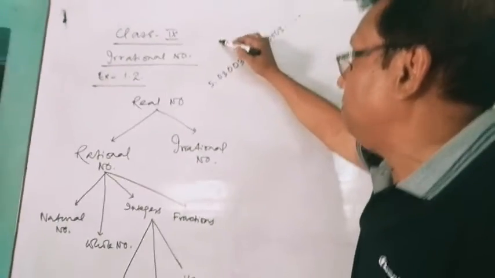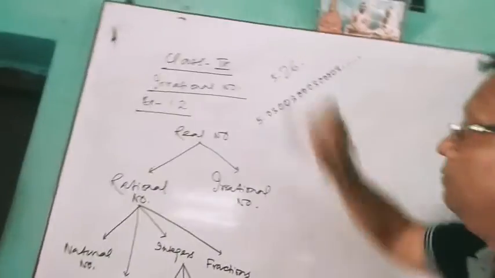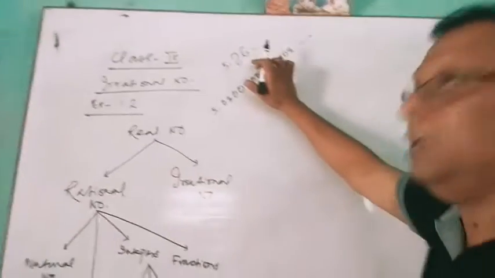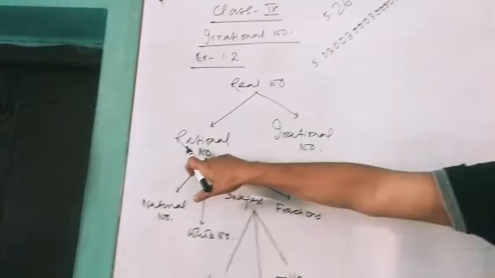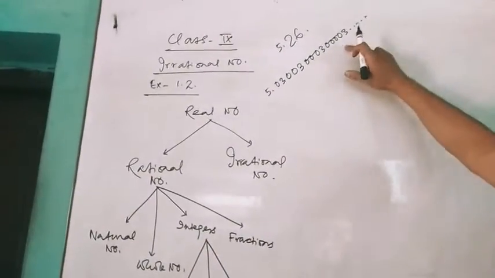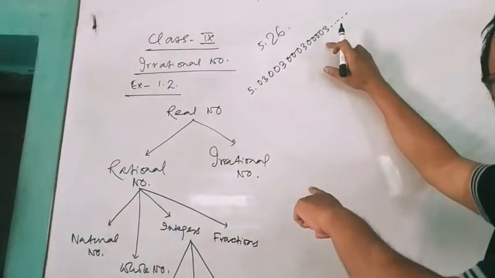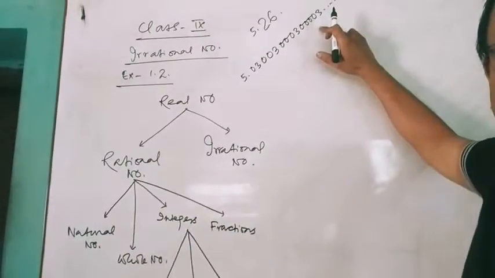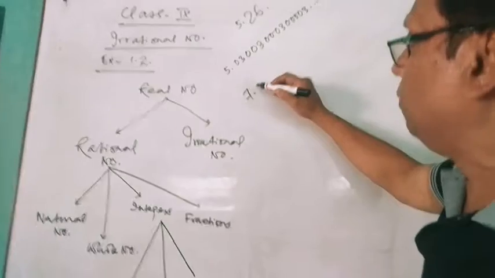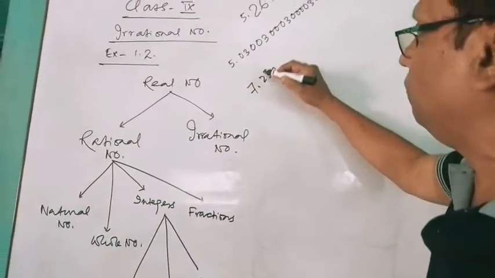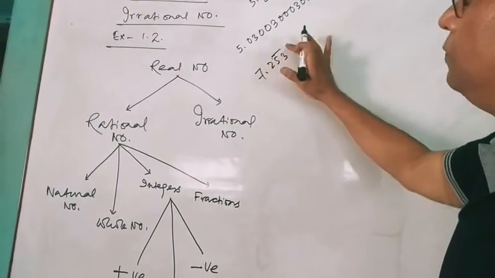Suppose you are writing 5.26, terminating, and if it is terminating, then it is a rational number. This one is non-terminating, non-repeating, therefore it is an irrational number. Now again I am writing one number, 7.253 with recurring over 53.